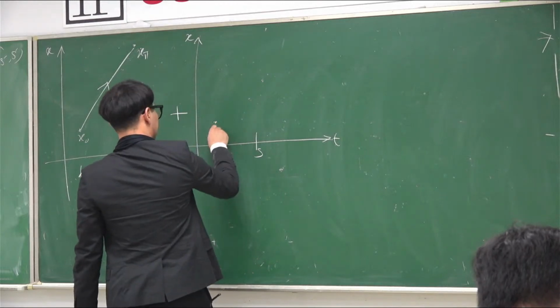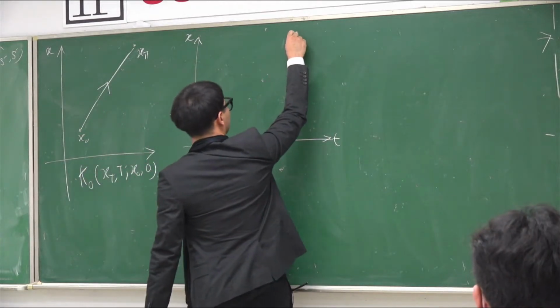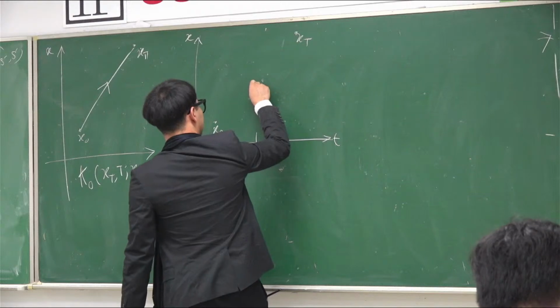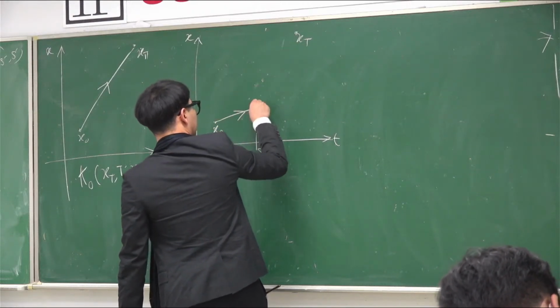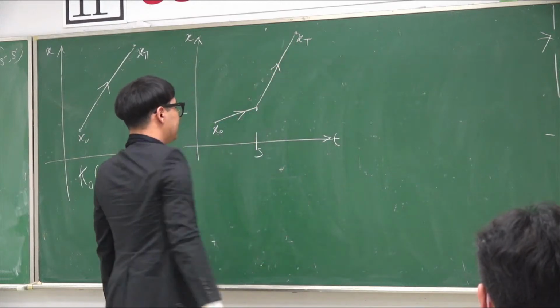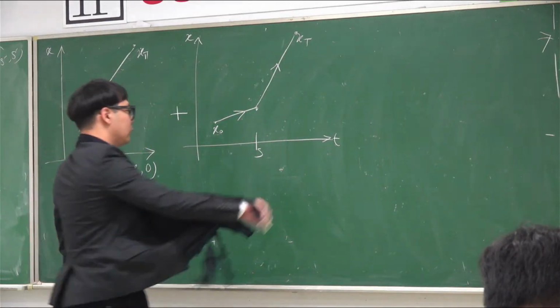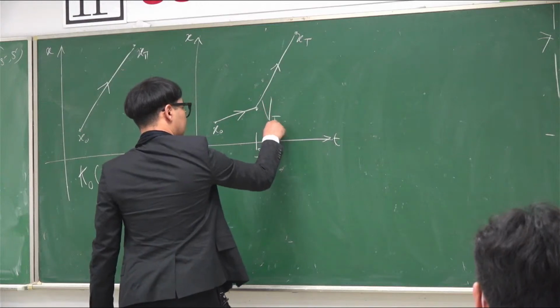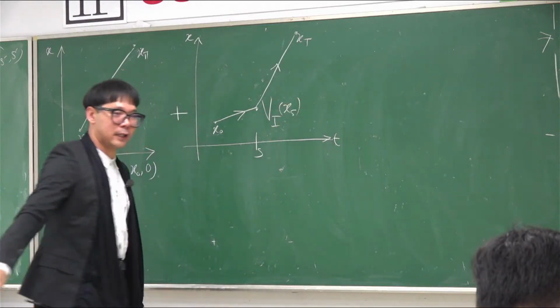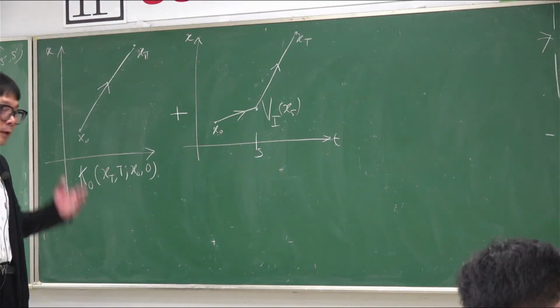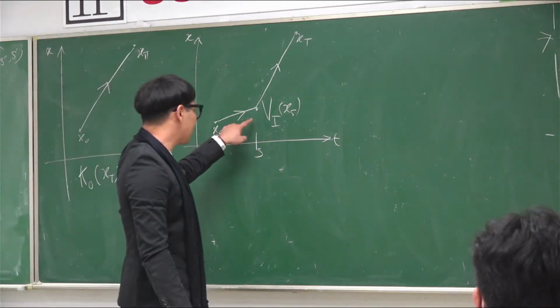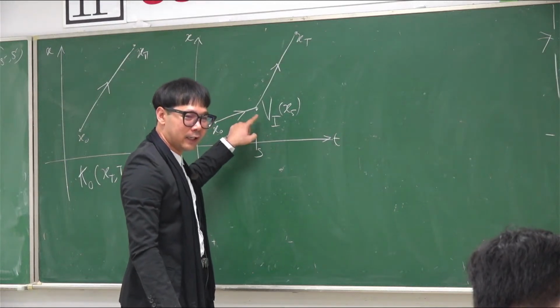And suppose this is a point where the interaction actually takes place. You're going to have this, but it's not necessarily to be in this kind of graph.